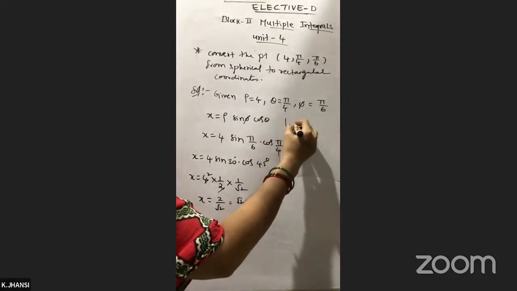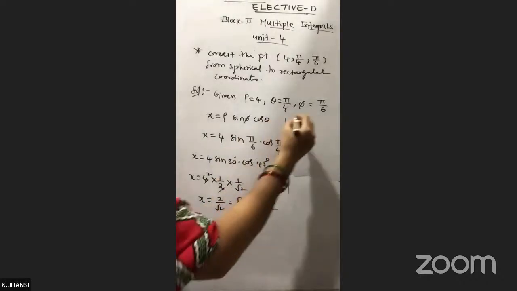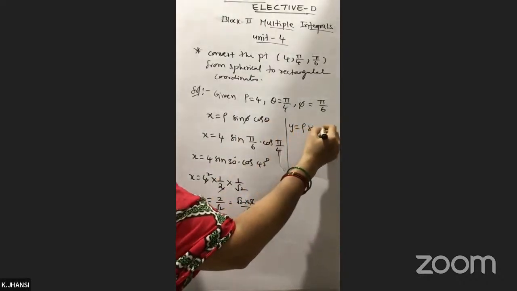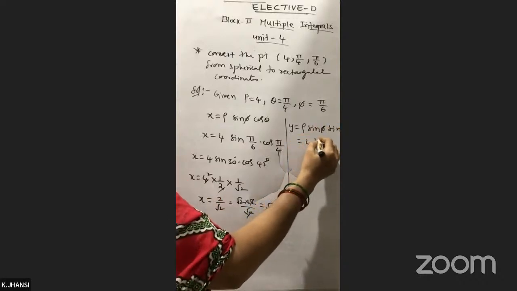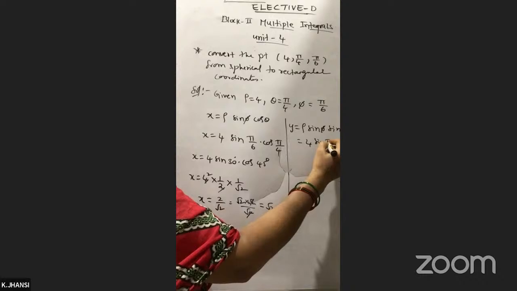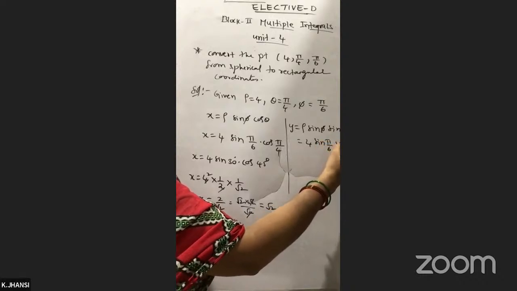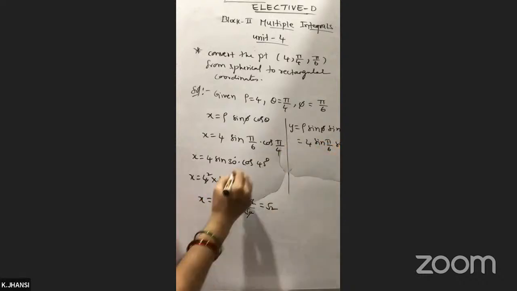So here, what is y? y is rho sin phi sin theta. Rho is 4, phi is pi by 6, and theta is pi by 4.